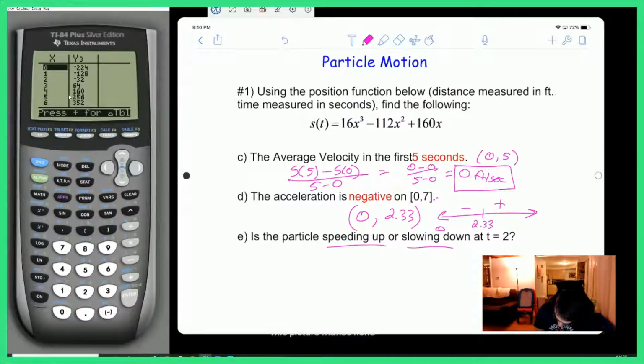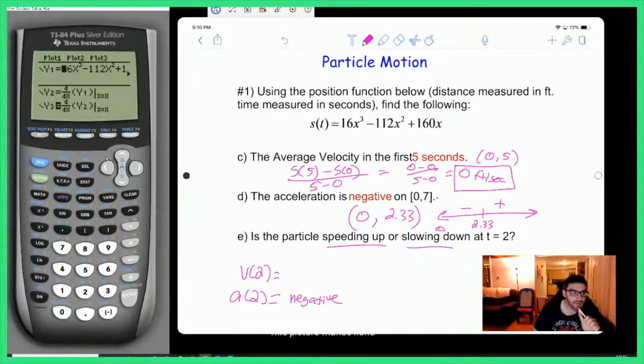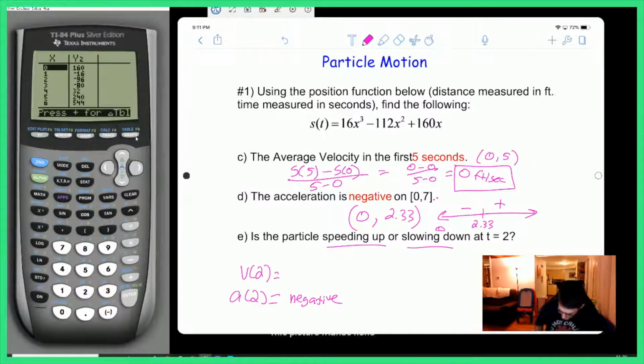So if I were to simply find the velocity at 2 and the acceleration at 2 and compare their signs, I've got my answer. So this is acceleration. Acceleration is negative. And if I go back to velocity, at 2, it is also negative.